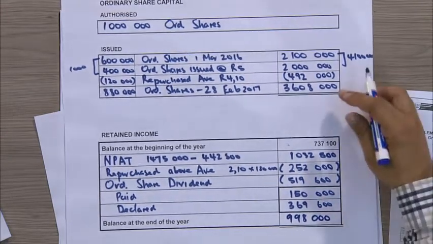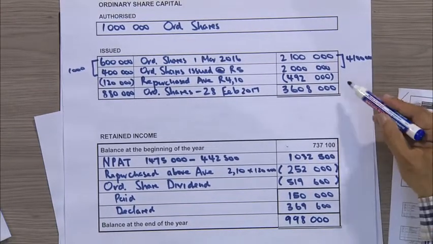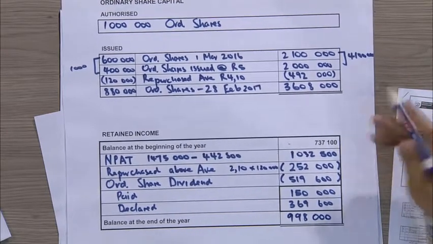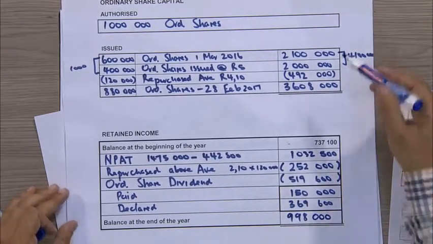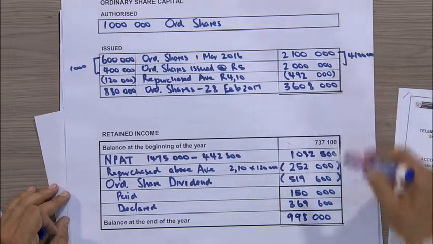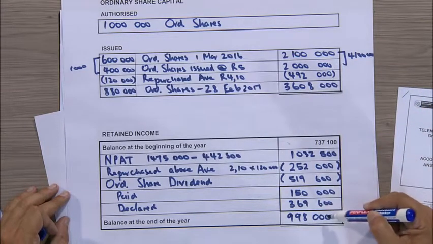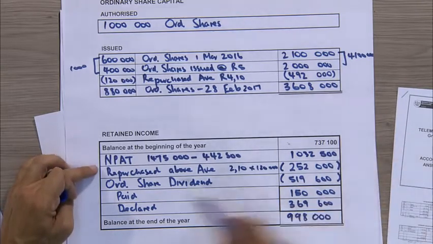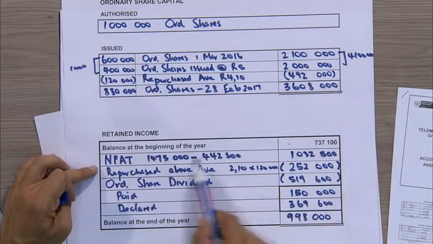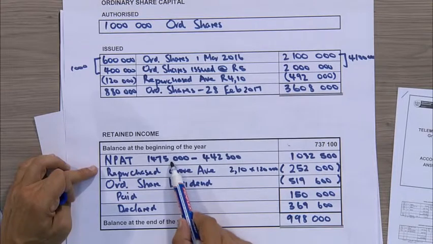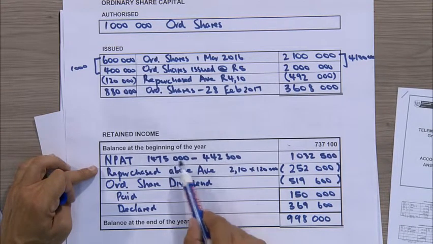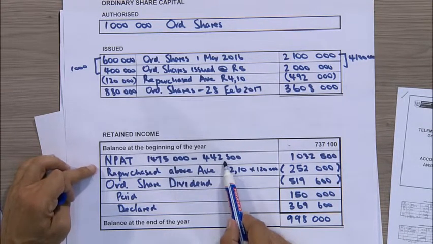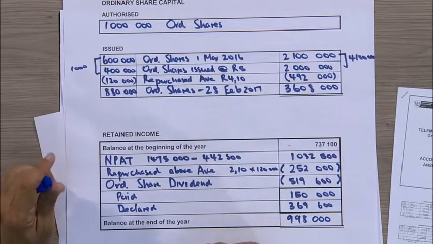Okay, so if you have a look at the capital note and the retained income note, it should be more or less the same as your ordinary share capital account, and all these figures will be reflected in your retained income note. Just watch please that the net profit after tax you'll have to go and calculate, because that figure appears in the appropriation. That's on the credit side for profit and loss, and that will be on the debit side for the income tax amount.